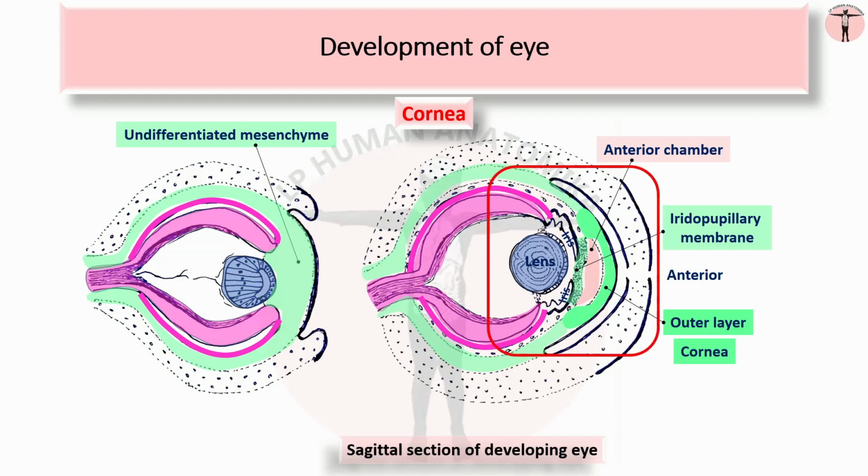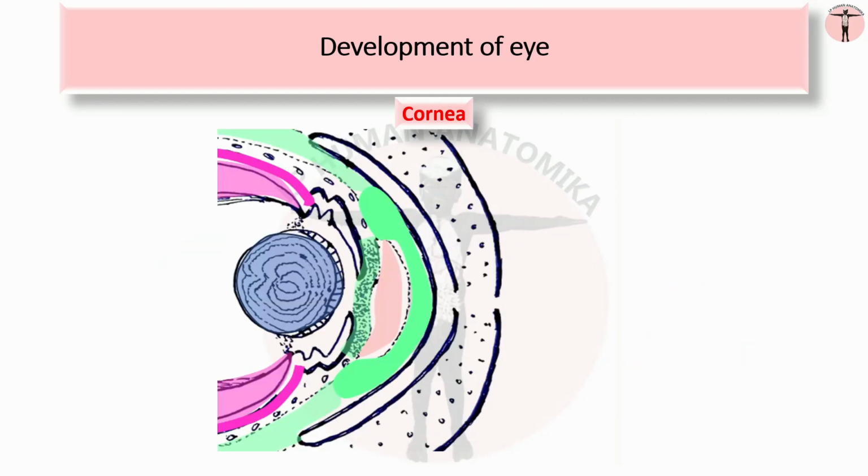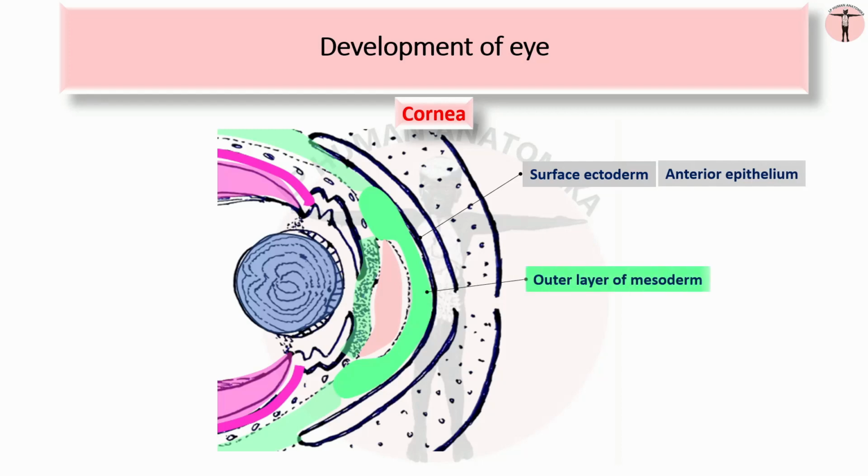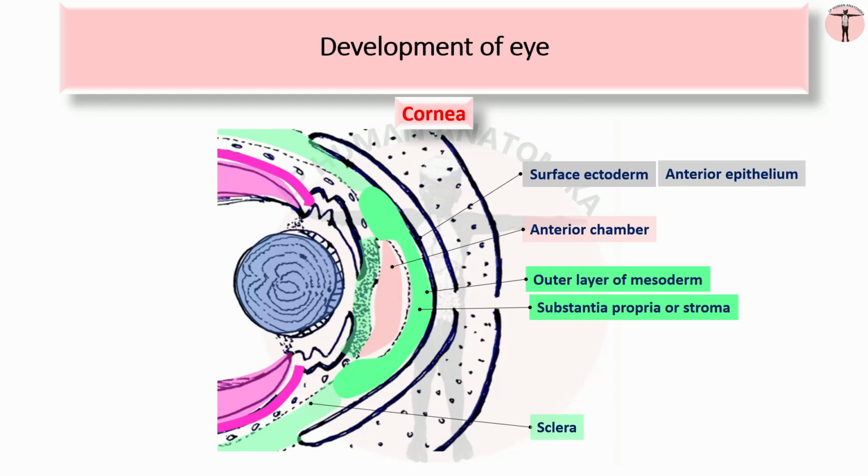Let us enlarge the anterior part and look at the development of the cornea. The layers of the cornea are formed by surface ectoderm and the mesoderm. The surface ectoderm gives rise to the anterior epithelium of the cornea. The outer layer of the mesoderm in front of the anterior chamber gives rise to the thick middle layer, the substantia propria or stroma, which is continuous with the sclera posteriorly.